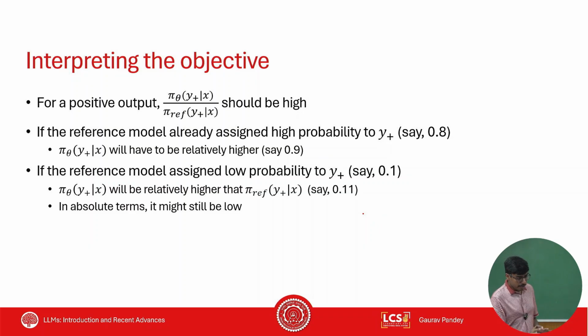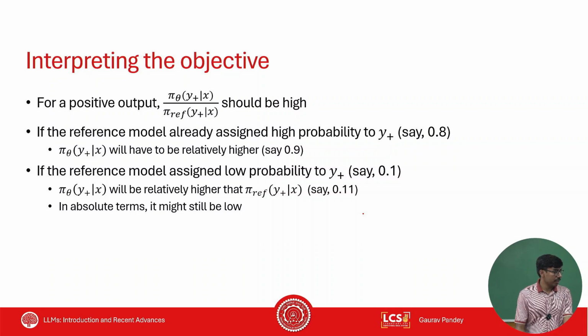One of the reasons that I have not mentioned here for why we use πref is because these sequences that you generate can have variable length. Sequences that are very long will have very low probabilities, and sequences that are small will have very high probabilities.